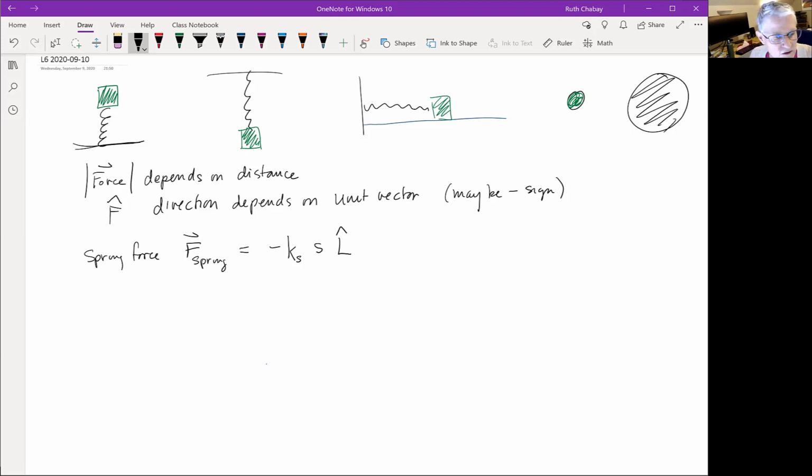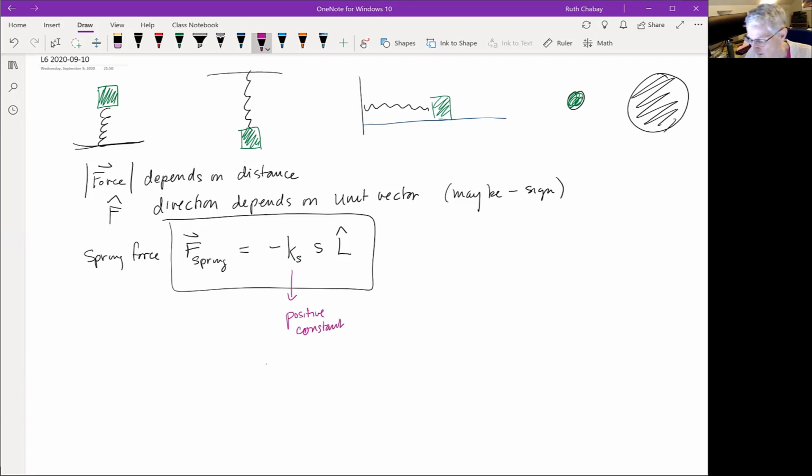So what do these things mean? The constant K sub S is a positive constant. It has units of newtons per meter.